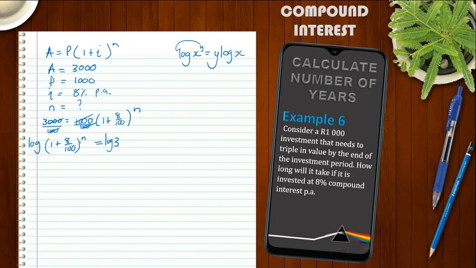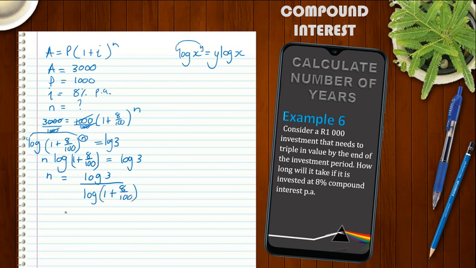So I'm going to take this n and put it in front of the log. So I'm going to be left with n log of (1 + 8/100) equal to log of 3. Alright, and then to get n on its own, we simply divide both sides by the log of (1 + 8/100), because remember the log of that is just a number. So n is equal to log 3 over log of (1 + 8/100).